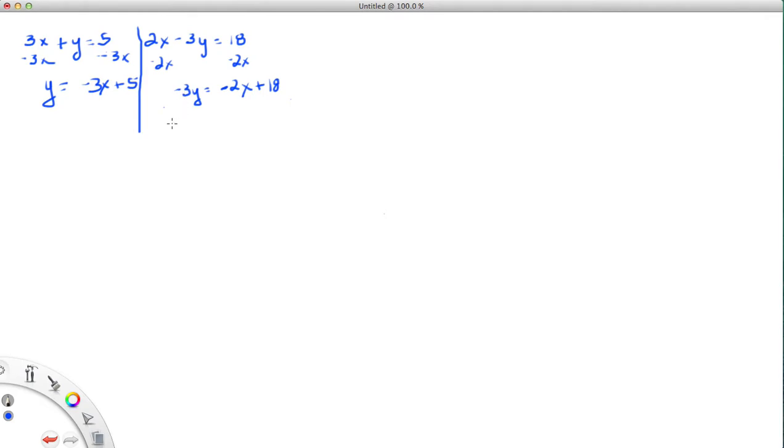Now I got to get rid of that negative 3. The way I'm going to do it, I'm going to multiply both sides by negative 1/3. Whatever you do to one side of the equation, you have to do the other side of the equation. It balances itself out.